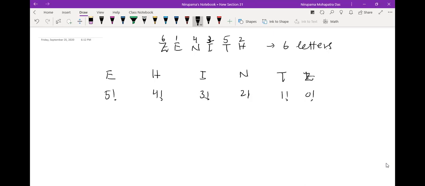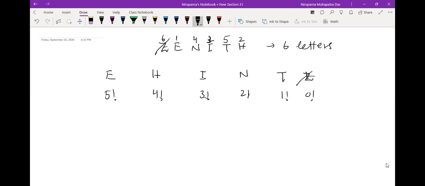Now we will take one by one. Z: before Z you have 1, 2, 3, 4, 5.